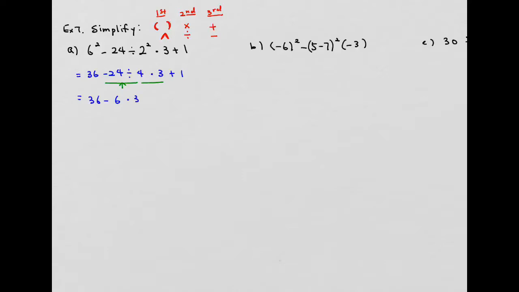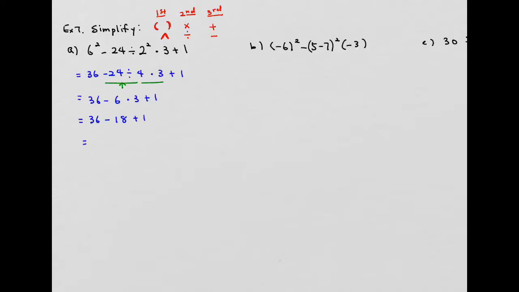And times 3 plus 1. Now we do multiplications. So that will be 36 minus 6 times 3. 6 times 3 will be 18, plus 1.